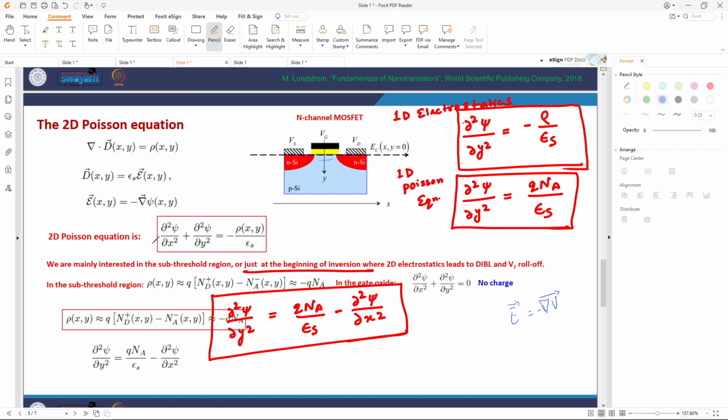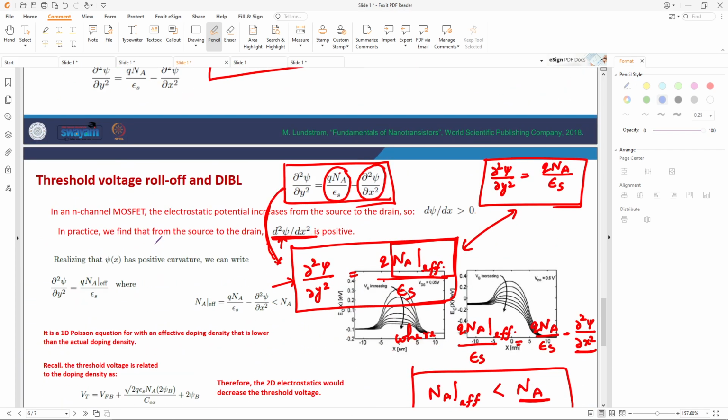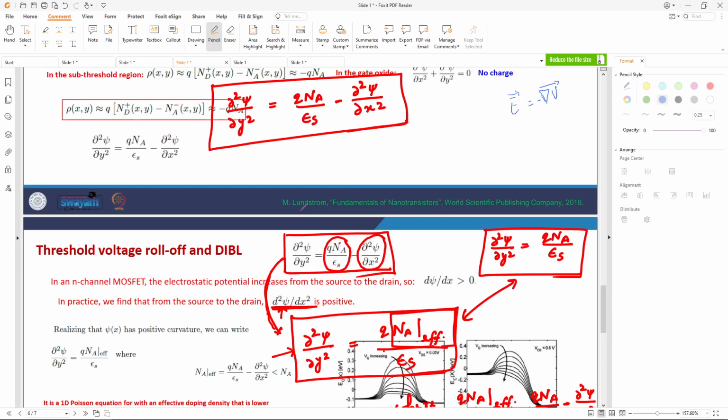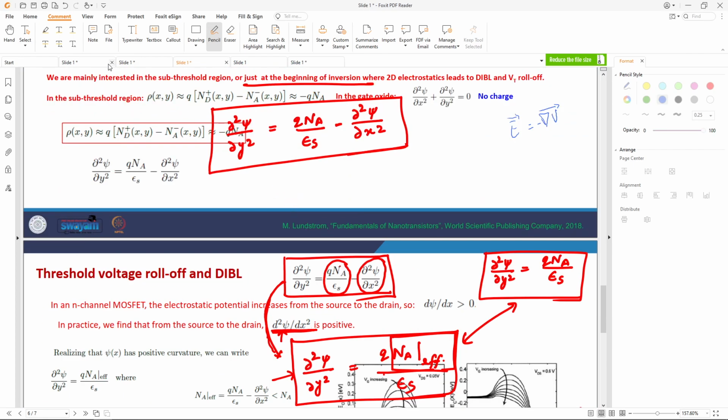Because of that, when we take this quantity to the other side of the equation, d square psi by dx square will be positive from the source to the drain. The second derivative will become positive. What is essentially happening? Remember what we discussed in this slide.